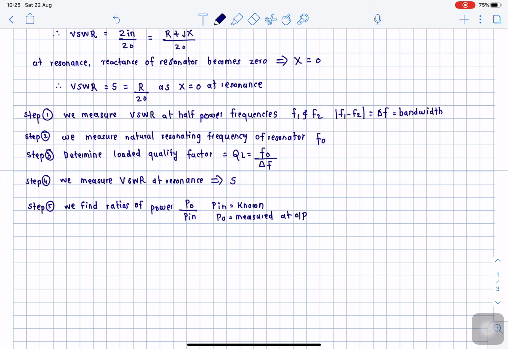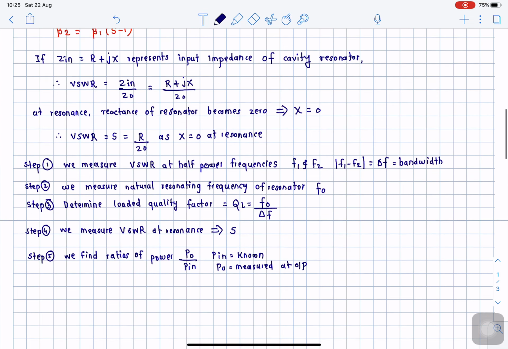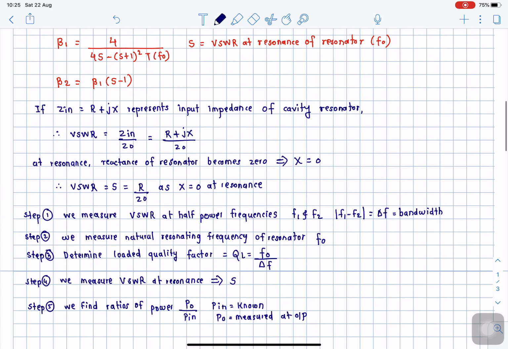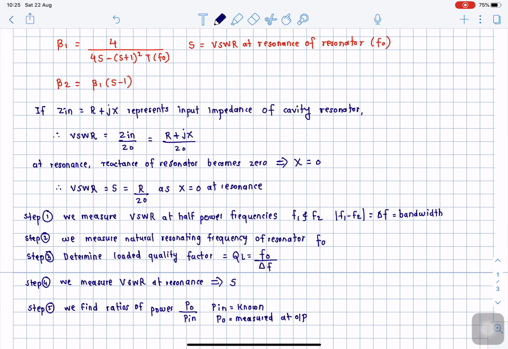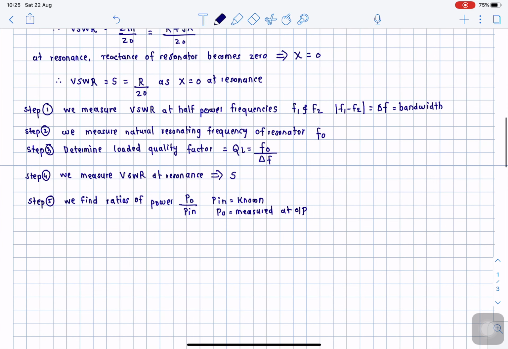Once we know the output power, we take the output power divided by the known input power, and we get the transmission loss. So we know the transmission loss, and we know the standing wave ratio. From this information we will calculate the coupling factors.